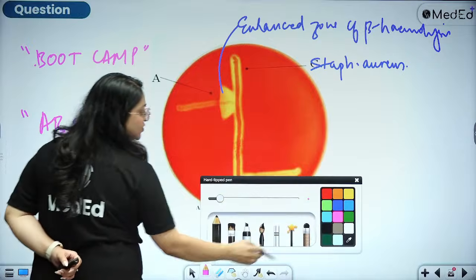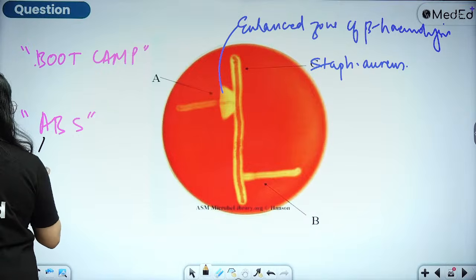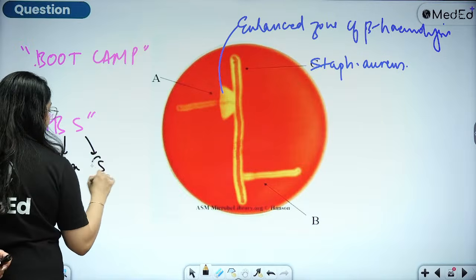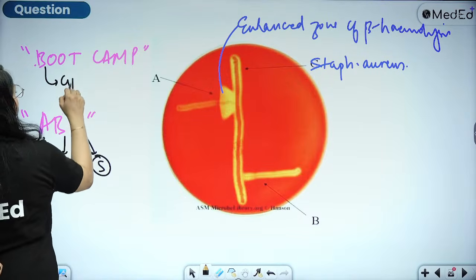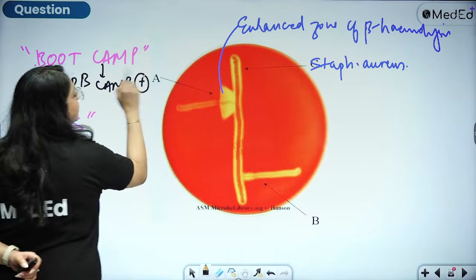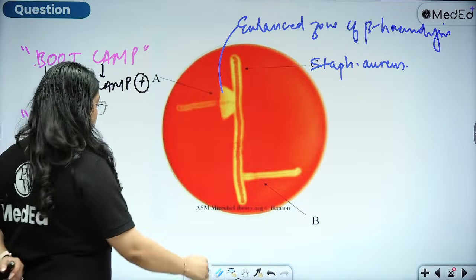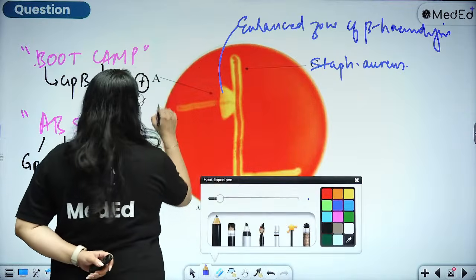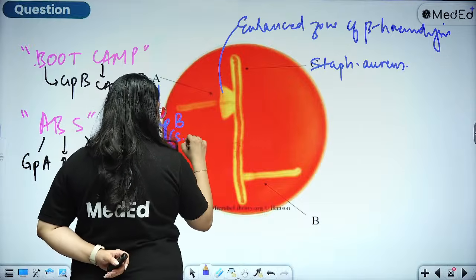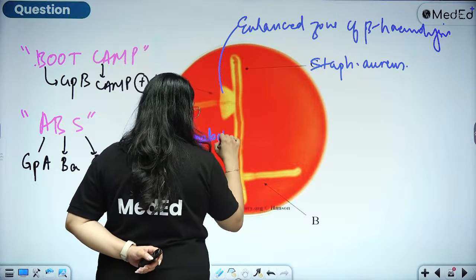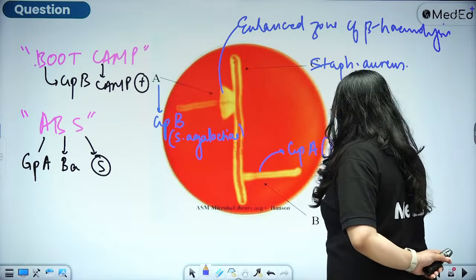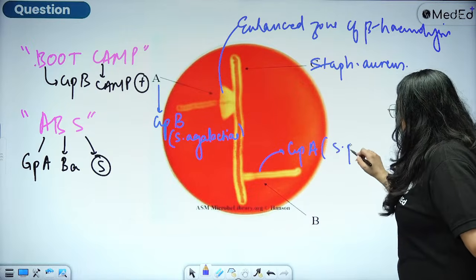Group A is bacitracin sensitive and group B is CAMP positive, right? So this enhanced zone of beta hemolysis will be shown by group B. So group B is Strep agalactiae, and this will be group A or Strep pyogenes.